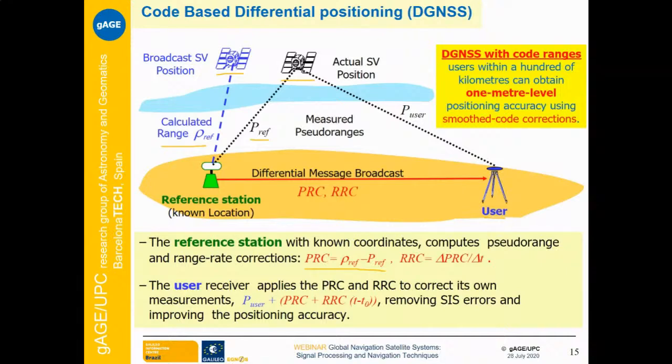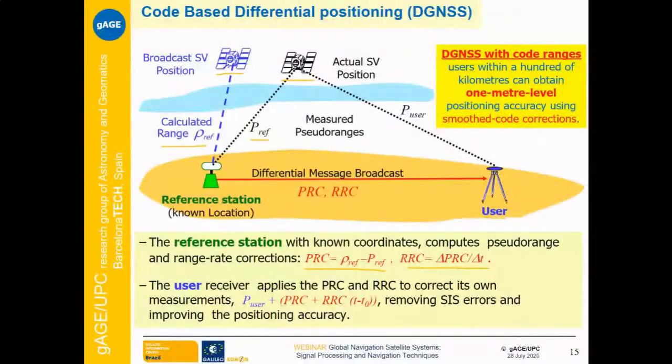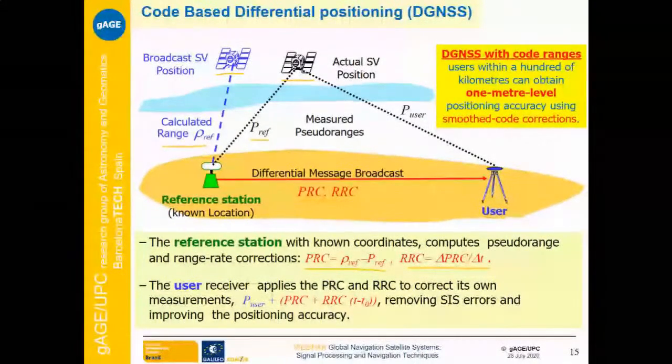We can compute this difference, the pseudo range correction, and also we can compute the derivative, what we call the range rate corrections, so that we can broadcast to nearby users these two terms, the pseudo-range corrections and their variation. And this is what we do in a broadcast message.